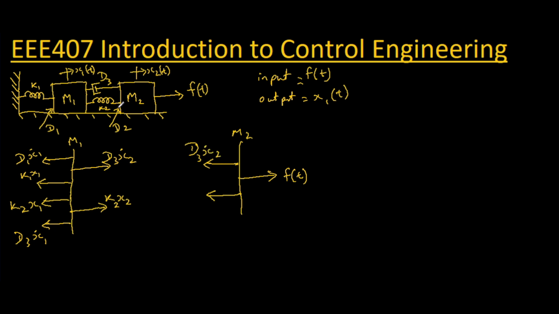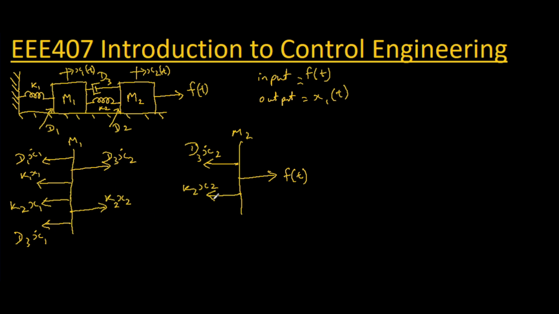If you assume that this is motionless, then you have a force pulling it backwards because it's trying to resist the motion. This d3 tries to resist the motion, so you have d3 x2 dot. And then this spring also tries to resist that motion to the right. So you have your K2 X2.